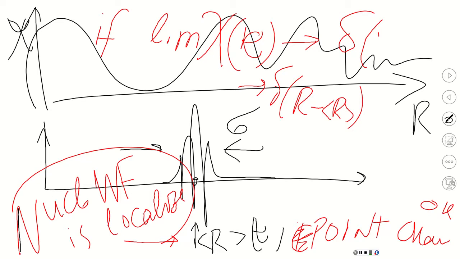So the idea is that we can neglect fine, tiny details of nuclear wave packet propagation. Instead, it would be really nice to focus on the average position of each internuclear distance and treat them as point charges.